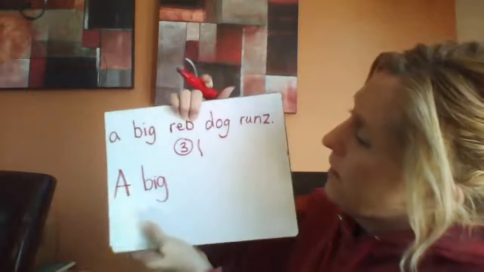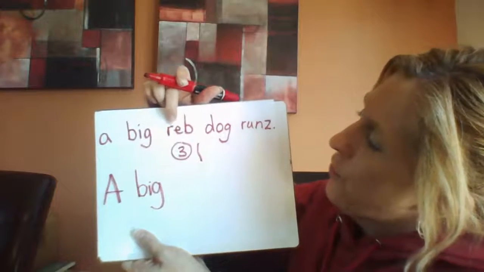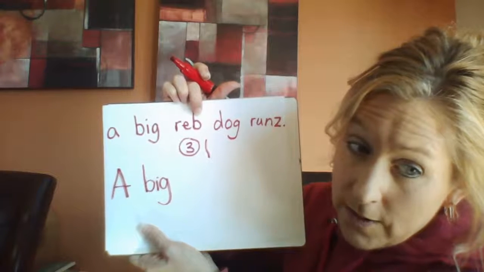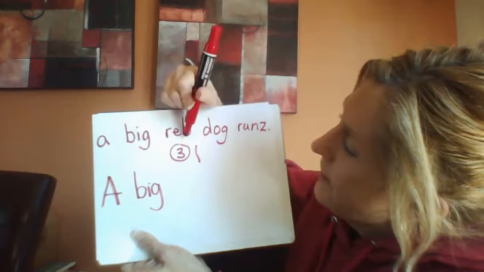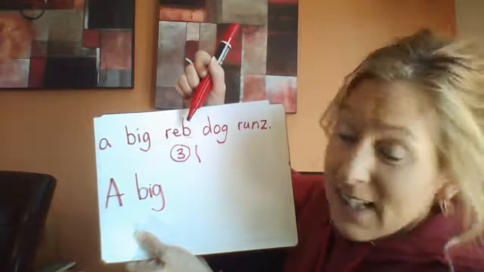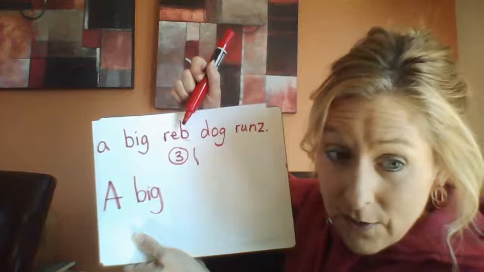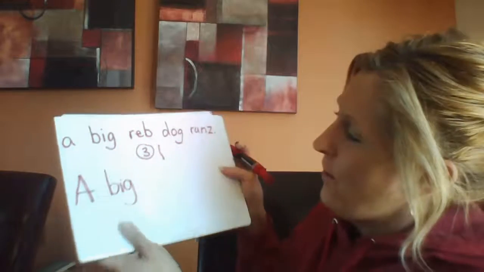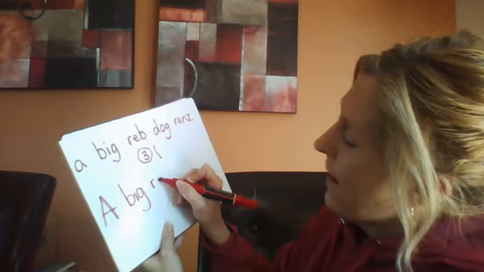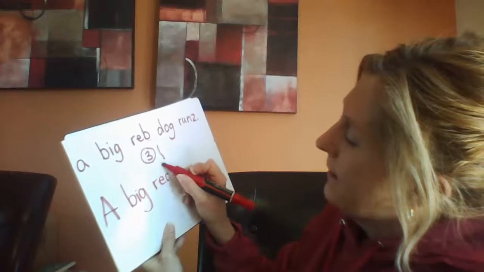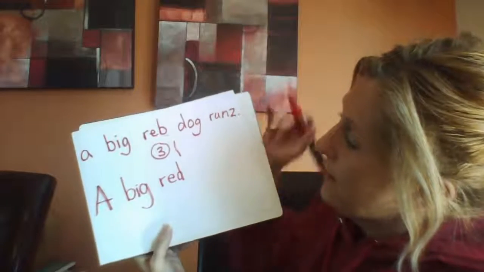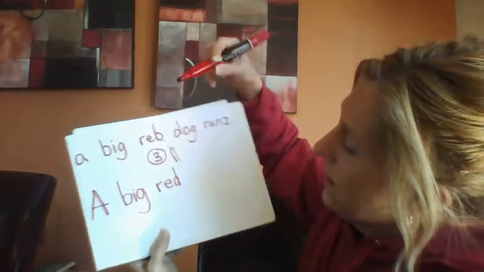What about this one? Big red. Do you guys notice what's wrong with that word? This letter right here is what? Yeah, it's a B. Do we have a B sound at the end of red? No, it should be D. It's that D. Sometimes we get those mixed up, our D's and our B's. So there's our second error.